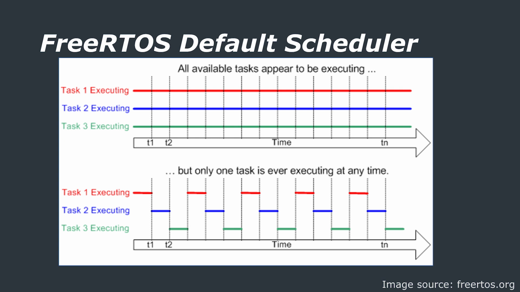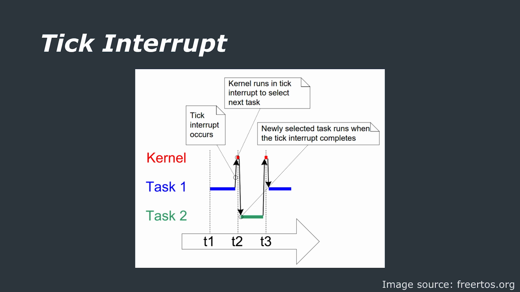The difference between T1 and T2 in this diagram is known as a time slice, with T1 and T2 being tick interrupts respectively. If we look closely at what happens each tick interrupt, we see that as a task is running and a tick interrupt occurs, the kernel runs the scheduling algorithm to determine which task runs after the tick interrupt is complete.